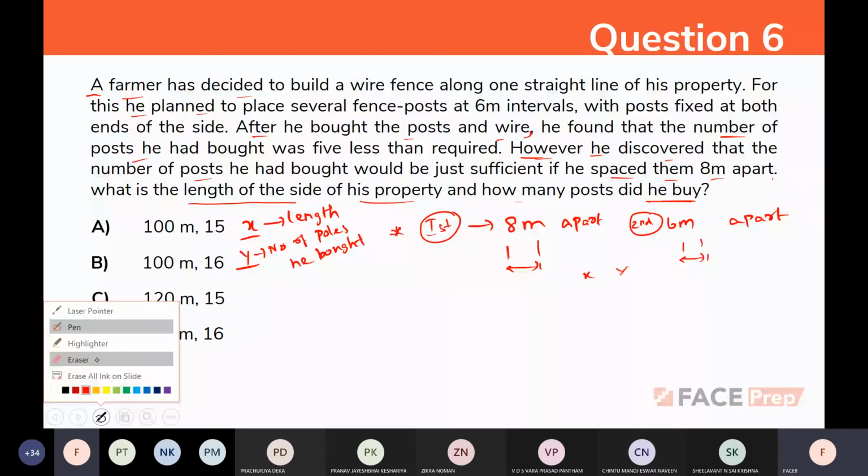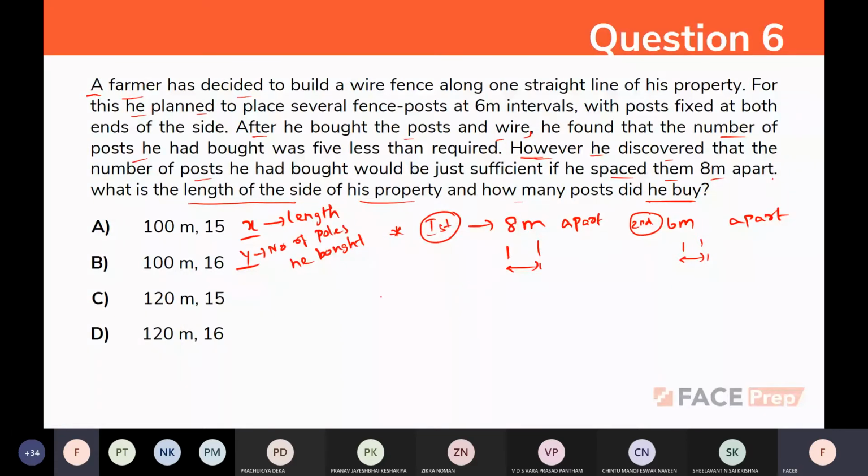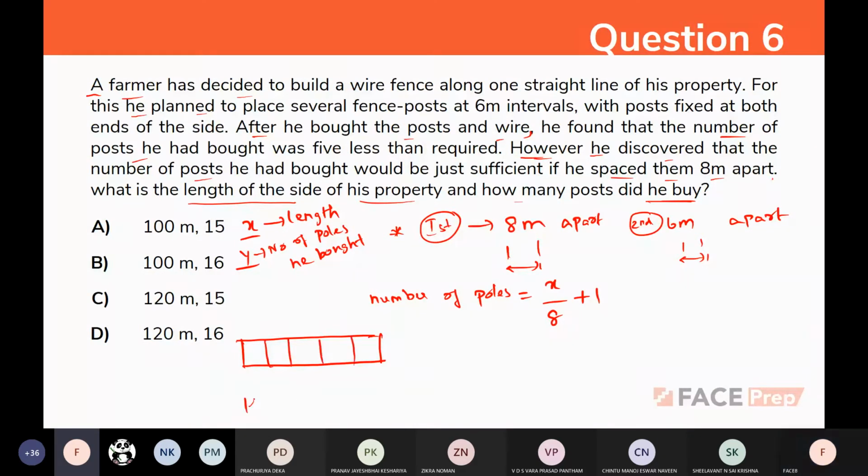So what can we do now? To find the number of poles, the expression is x divided by the distance between the poles, plus 1, is equal to the number of poles. To understand this, just follow an example case. Take this table with columns 1, 2, 3, 4. Let's say the total distance is 25 and the distance between each pole is 5.